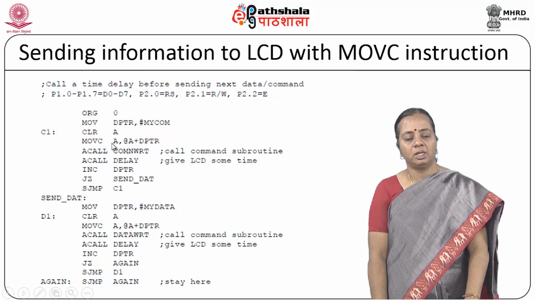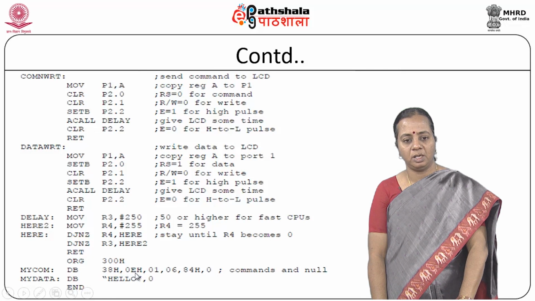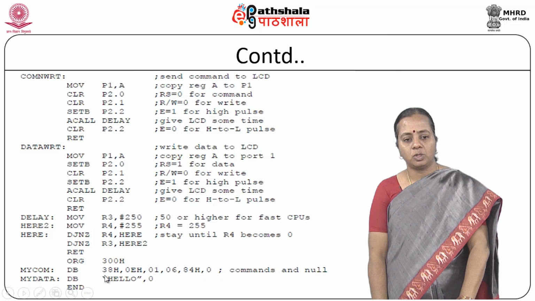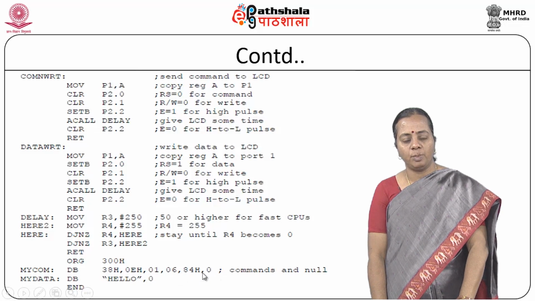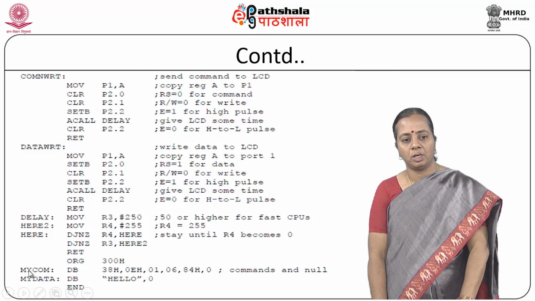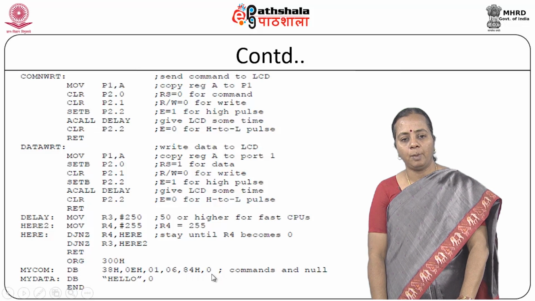Now I have read the command at my mycom. So DB is first 38H, then 0E, 01, 06, 84H and 0. My command statements are written continuously starting from the mycom location, incremented one after another, and I have written till I am getting a 0.